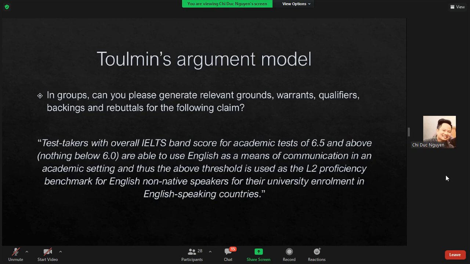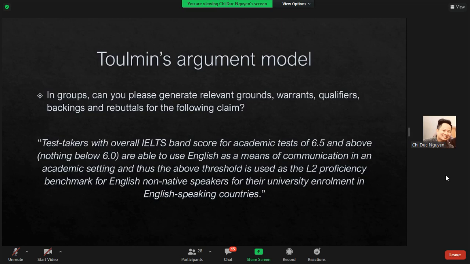For example, the second test is supposed to be easier than the first test, and in this way, the 6.5 in the first test can be equivalent to 7.5 in the second test. That's why this 6.5 is not consistent and doesn't have the same meaning. That is the reason why the ground here is invalid and unreliable.